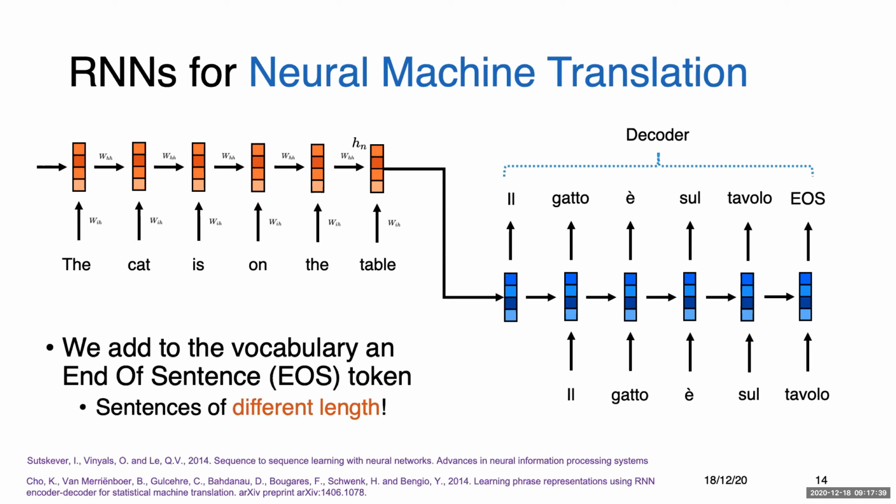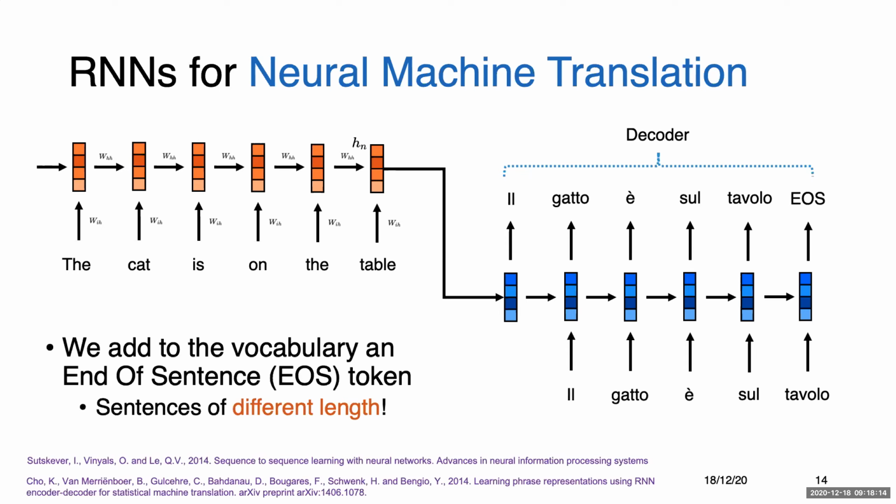So at each time step, we start from the hidden state that was produced by the encoder network. We produce an output label, and if the network is trained, we are likely going to produce the token "il." And then we feed the token "il" back into the decoder network, and we are going to produce the word "gatto," and so on in the translation. The trick here is that we can add to the vocabulary the token end of sentence.